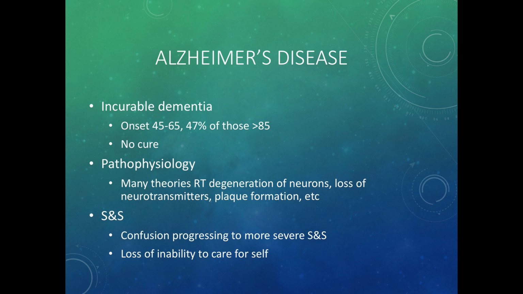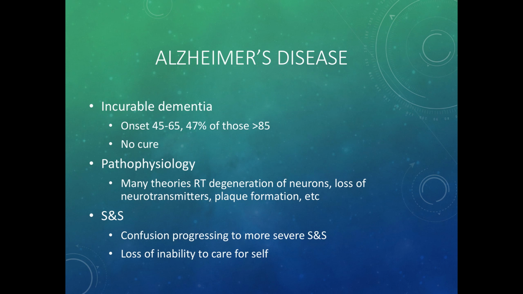The chronic progressive disorder involves the neuron degeneration in the cortex of the brain, and this leads to impaired memory and loss of ability to perform normal activities of daily living.